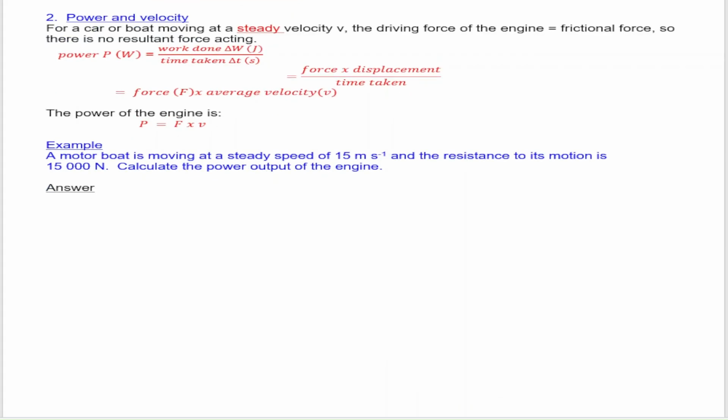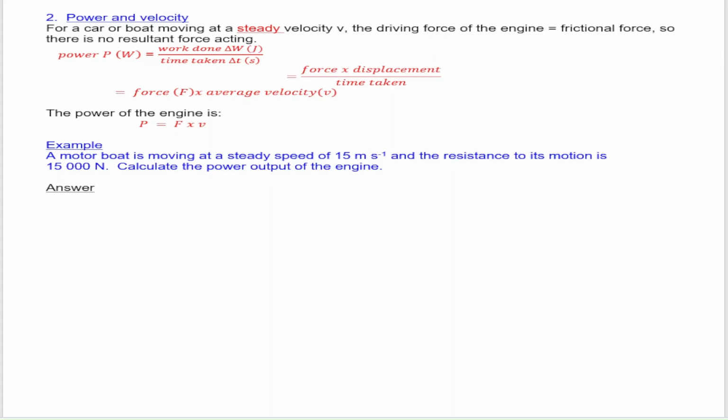Power and velocity. For a car or boat moving at a steady velocity v, the driving force of the engine is equal to the frictional force, so there's no resultant force acting. So power is equal to delta W over delta t, and since delta W is equal to force times displacement, it's going to be force times displacement over the time taken.